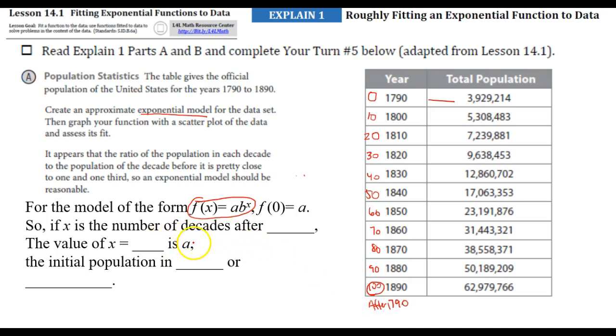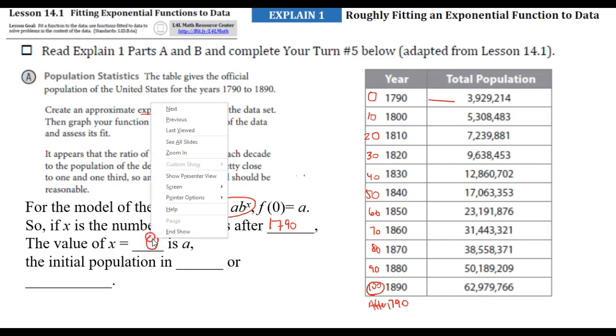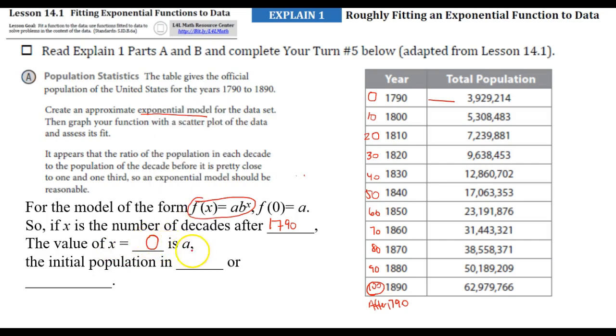So here we're going to fill in our sentence starter. It says, if x is the number of decades after 1790, that means the value of x equals 0 is a. So our initial population in 1790 is this value right here.